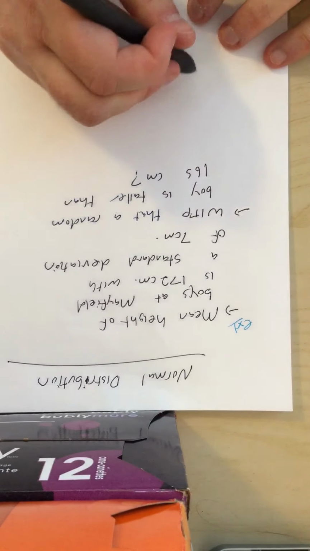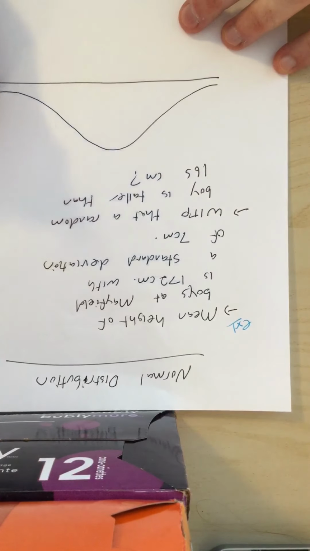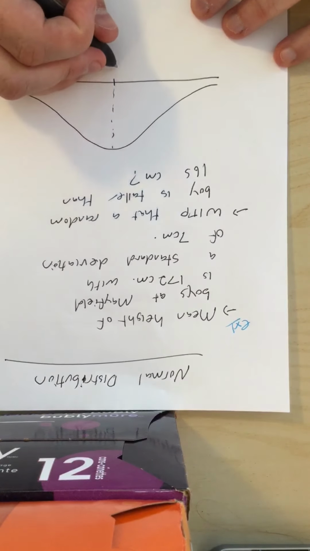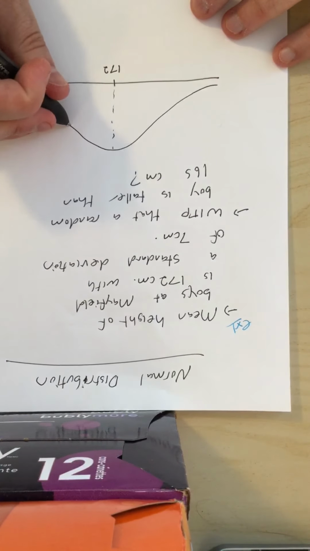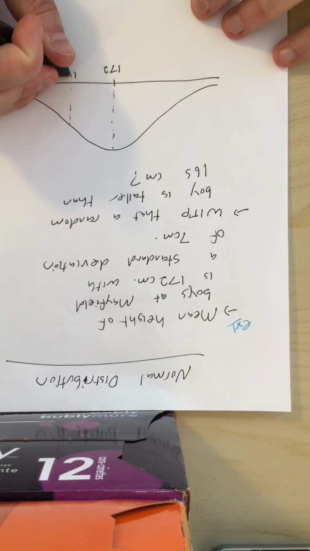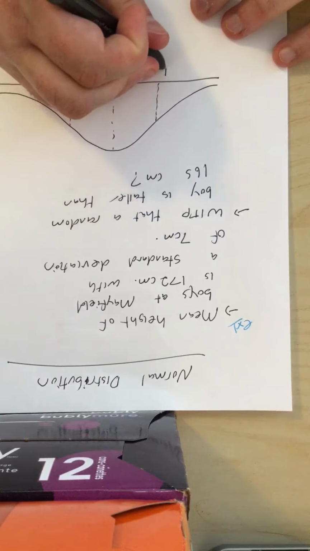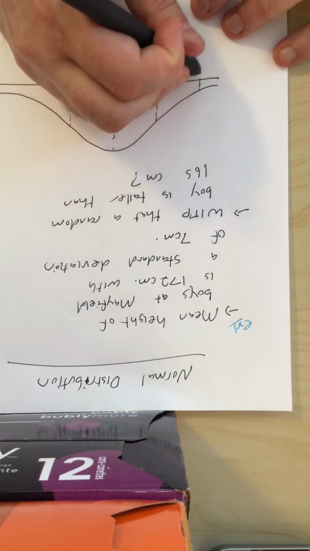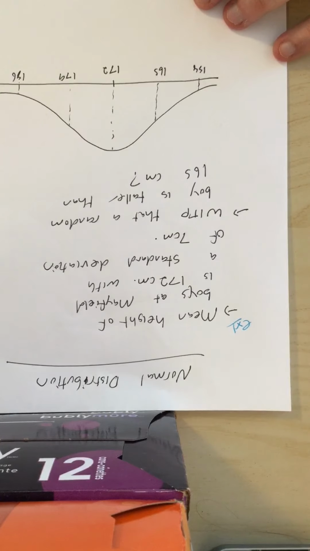So we're going to make our normal distribution curve. And we know that the mean is 172. And standard deviation 7, so we know that that's a bit higher, and that's 7 below: 158, 186.